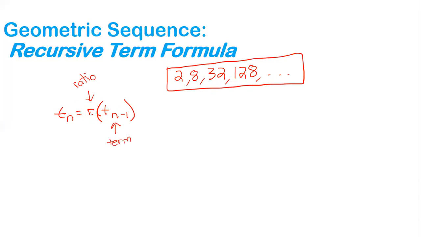So what is this saying? It's saying it's a ratio multiplied by our term minus 1, so multiplied by our previous term. Because remember, for recursive term formulas, we need the previous term to find out the term we're looking for. So let's go ahead and look for the fifth term.